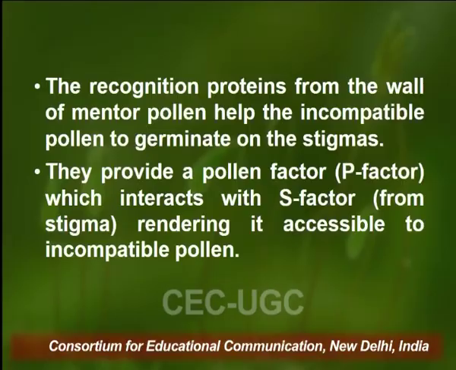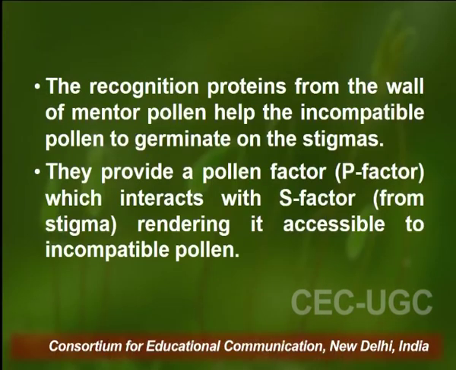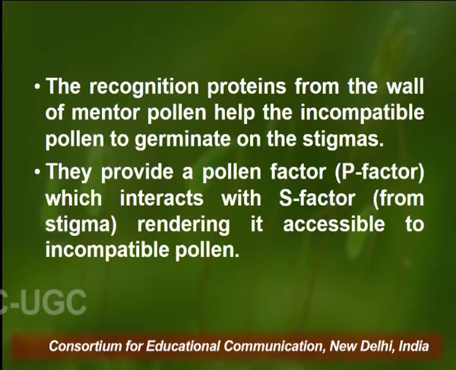Their role is only to promote the recognition reaction, and they allow the incompatible pollen to germinate. The recognition proteins from the wall of the mentor pollen help incompatible pollen to germinate on stigmas. Remember that these proteins are absent in incompatible pollen.